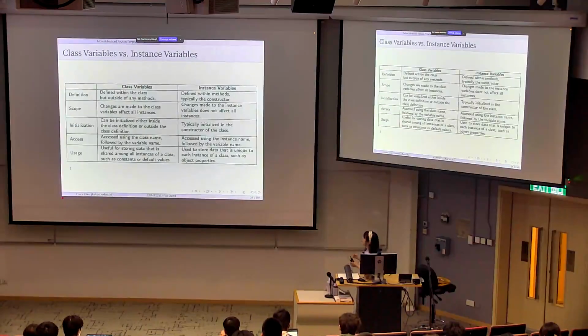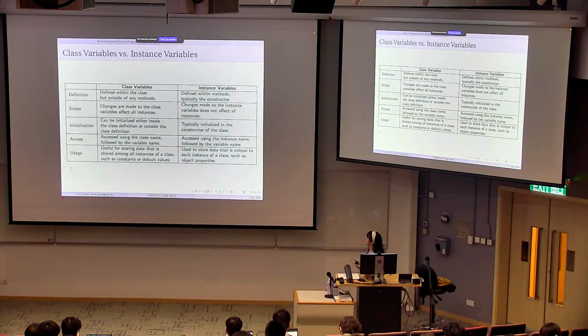And last, the usage. The class variable is useful for storing data that is shared among all instances of a class, such as constants or some default values. Like the previous one, we used that non-Pokemon to just record the number of objects we have created.